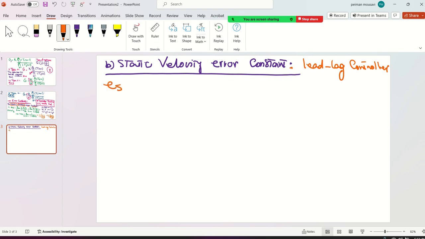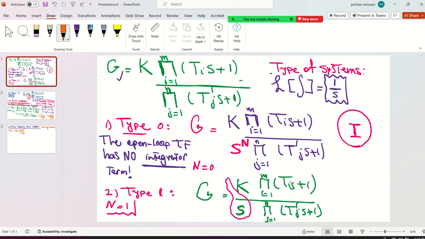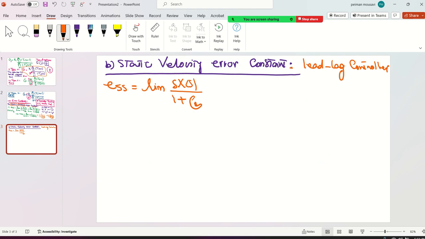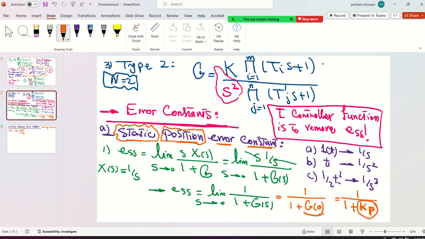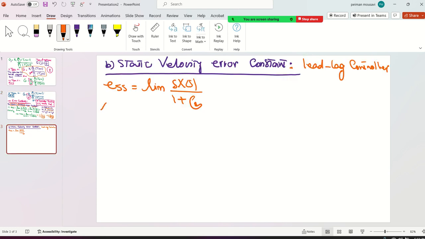So ESS again is the limit of S X of S over 1 plus G, with this G, which we formulated for any system based on type of system. Now for static position error constant, our input was unit step. Now if I apply the ramp as input, X of S is going to be 1 over S squared.